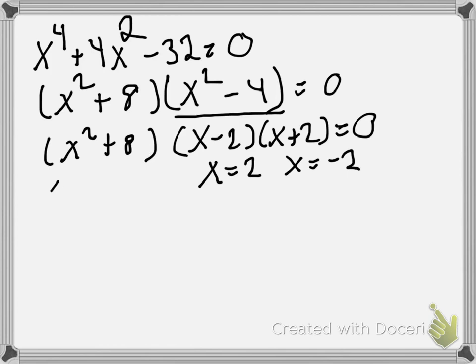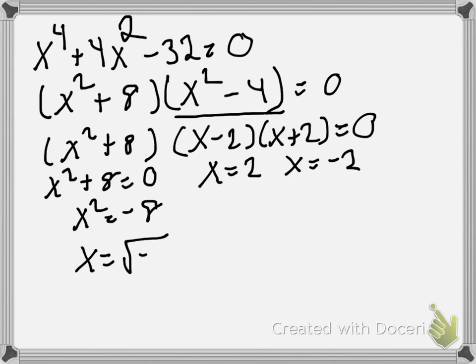So that leaves us with x squared plus 8 equal to 0. Well, x squared now equals negative 8, so x equals plus or minus the square root of negative 8. Well, again, what does that really equal?